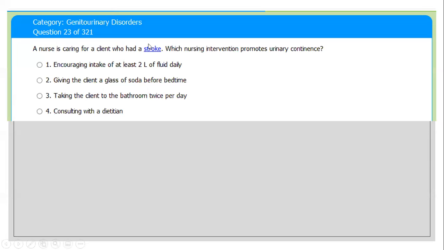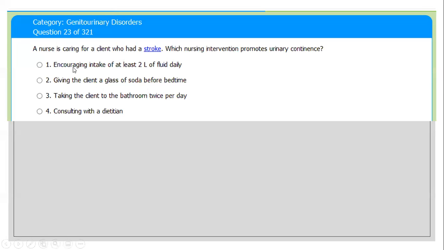What is a stroke? A stroke occurs when the supply of blood to the brain is reduced or blocked. When the blood supply is blocked or reduced, it prevents the brain tissue from getting oxygen and nutrition, and brain damage occurs.